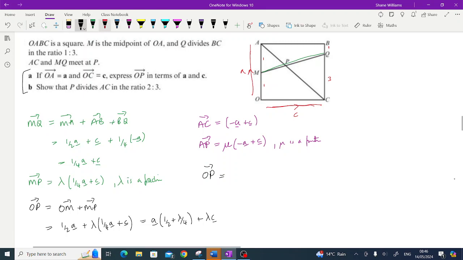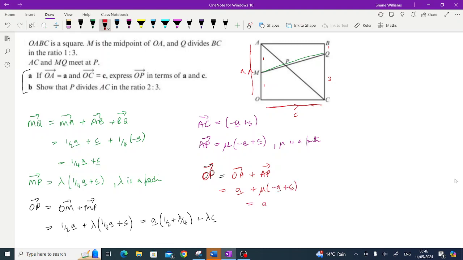Then I'm also going to work out OP via A. So O to A plus A to P. O to A would be A, plus A to P, which we've worked out above.